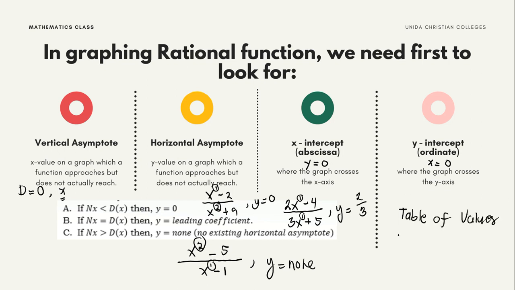So, sa table of values po, always po kayong magsiset ng values sa ating x starting from negative 2 to positive 2. So, negative 2, negative 1, 0, 1, and 2 always. And you will solve for the values of y. And then, after mo po si table of values, last mo na pong gagawin is to graph.